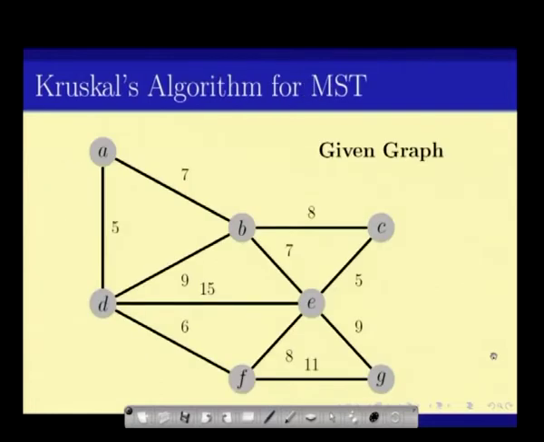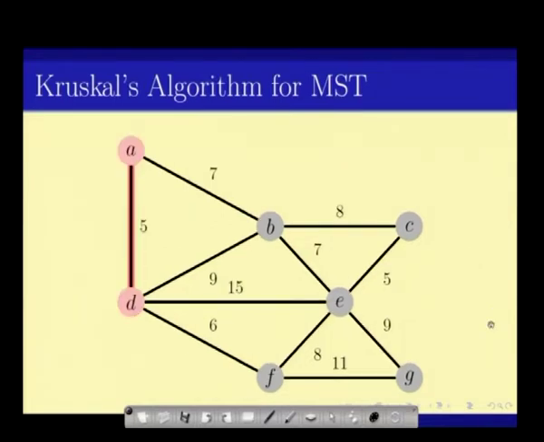For example, here I look at this algorithm, which is called Kruskal's algorithm. First pick the smallest weight edge. The smallest weight edge is AD, so we pick that. Once we pick that, we color the two endpoints of this edge with the color red. Now, pick the next one. Say the next one is this edge EC.